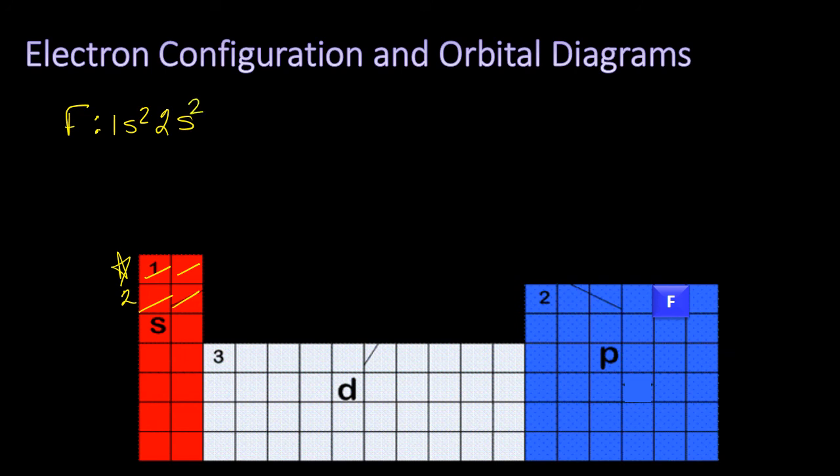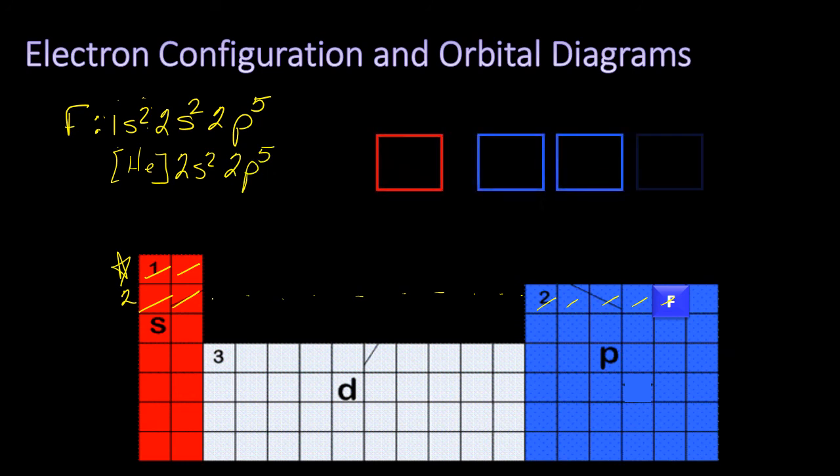And we'll come over here to 2p, 1, 2, 3, 4, and 5. You could have replaced the 1s2 part; we could have written it as helium, 2s2, 2p5.